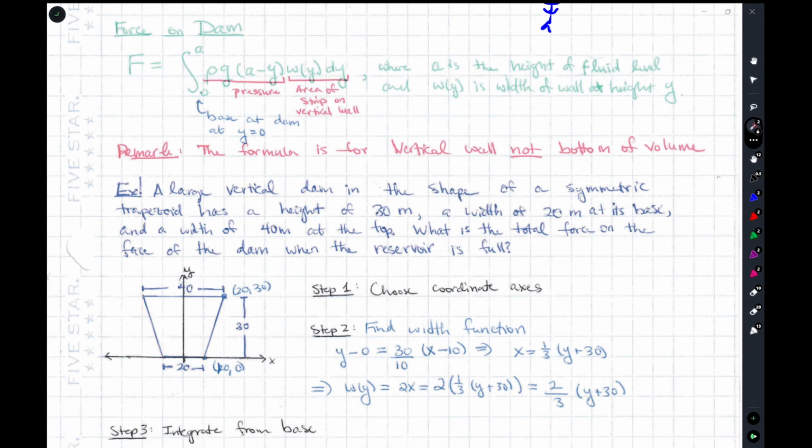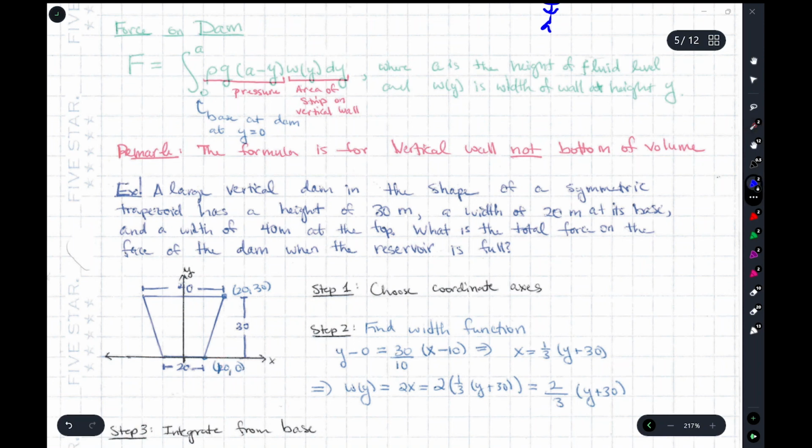Since we chose our coordinate axis to be symmetric about the y-axis, we just take that line there and connect these 2 points. So y minus 0 is equal to the slope, which is the rise over the run. The run is 20 minus 10, so there's your 10 there. Your rise is 30, your run is 10, and x minus 10 is this value here.